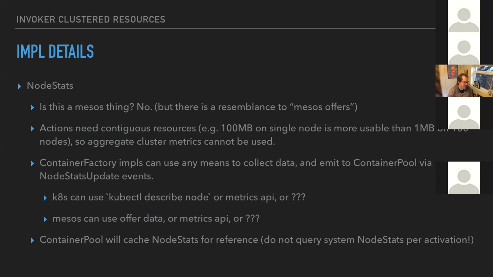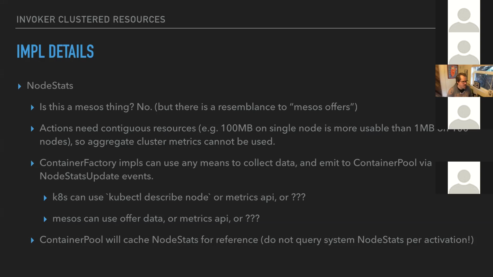Yarn, same thing, assuming there's some way to collect data to reflect the state of the cluster in a way that indicates per host what is available resource-wise, then there can be an implementation for that container factory.